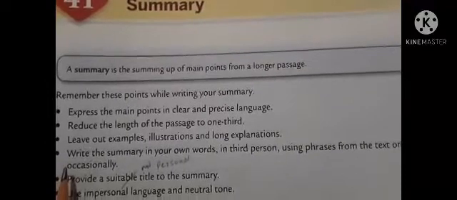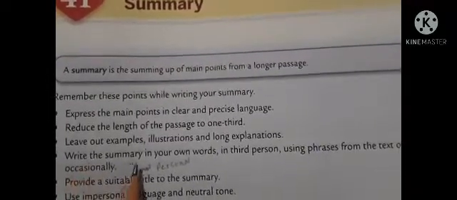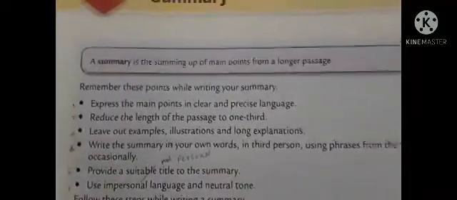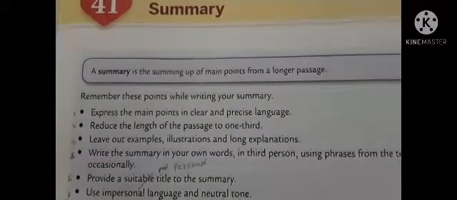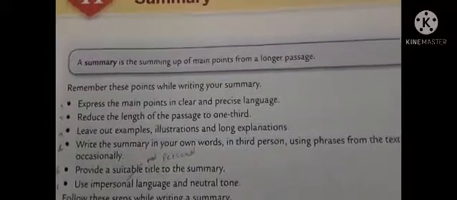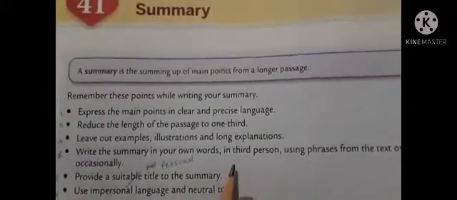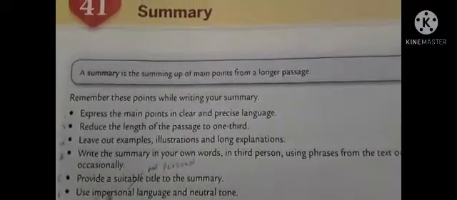The fourth point we keep in our mind is to write the summary in our own words. So when we write a summary, we have to write in our own words. We do not have to write the bookish words. And in third person, using phrases from the text only occasionally.